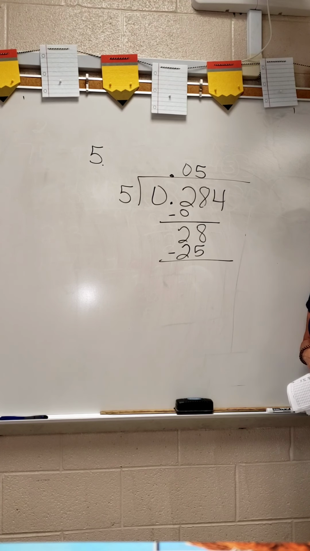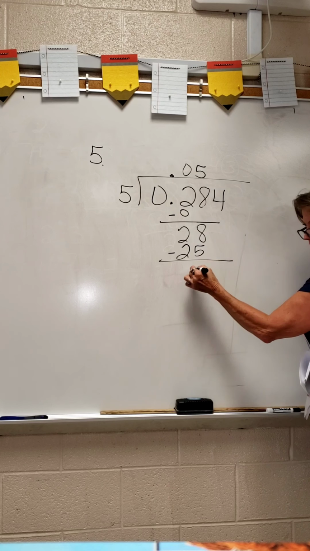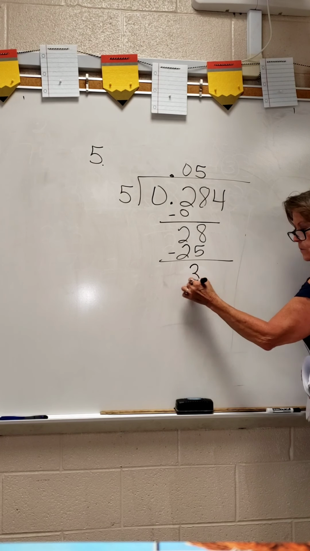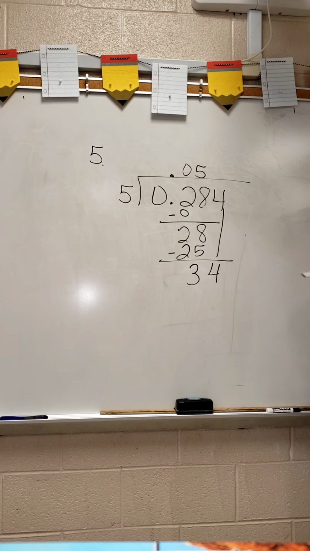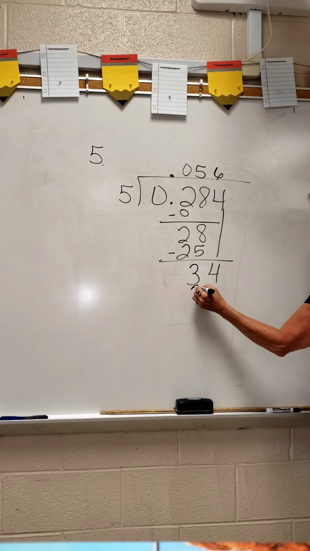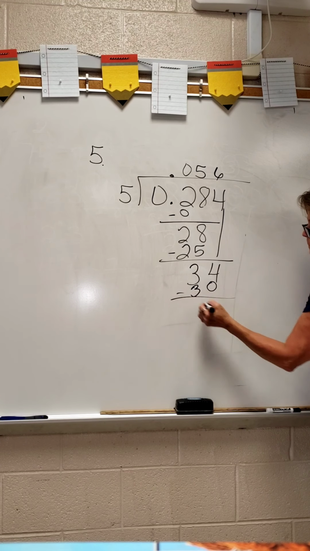No wonder he ignored me. Jacob, next you have to subtract 28 minus 25, which is 3. All right, then what, Jacob? Take out the 4. Good. Now what? And then you have to do how many times can 5 go into 30, which is 6. There, minus 30.